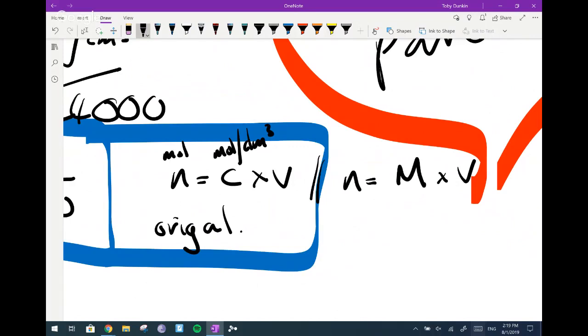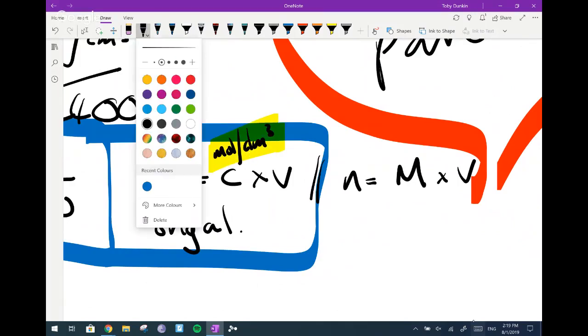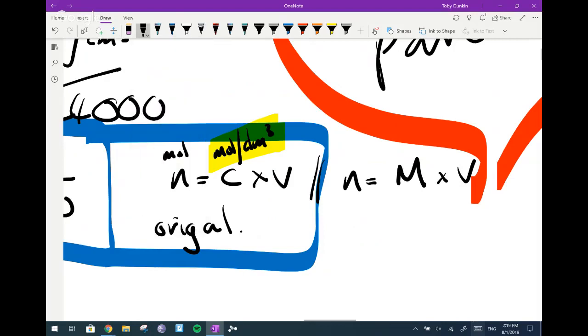But moles per dm cubed is the one that you're going to see most of the time. And what that means is, if you're doing moles per dm cubed as concentration, and you times it by a volume, then your volume would have to be in dm cubed as well. So this is the original equation, because the moles per dm cubed ties in with the same dm cubed in the volume, which will then give you the moles.